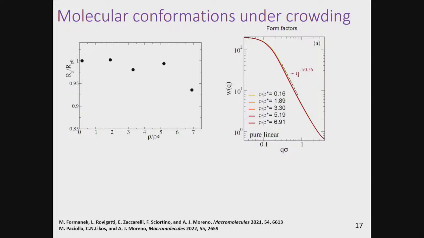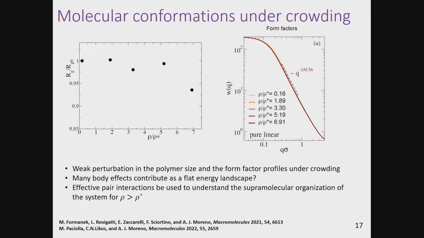If you keep them in a melt at higher crowding, some shrinkage is seen. But in these reversible polymer networks, the shrinkage is not seen because of the formation of intermolecular bonds. So there is a gain in combinatorial entropy. I'm going to discuss that in a minute.